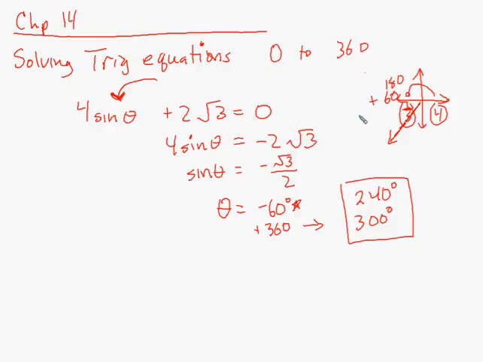You can graph this. If I graph it, I do y1 as 4 sine theta plus 2 root 3, and I do y2 as this stuff on the right, 0. And then I graph solve, or if you're on a TI, calc, and I graph solve for where these intersect.